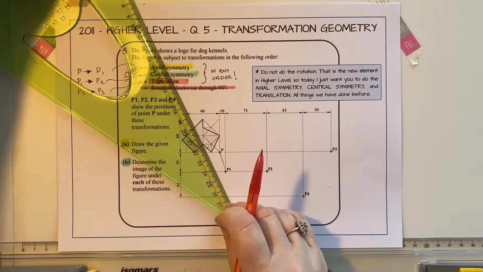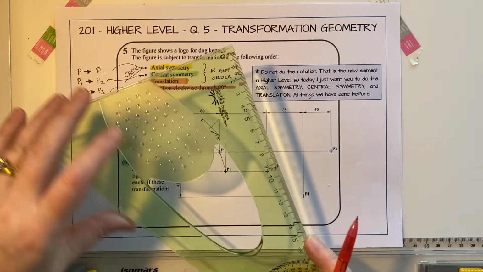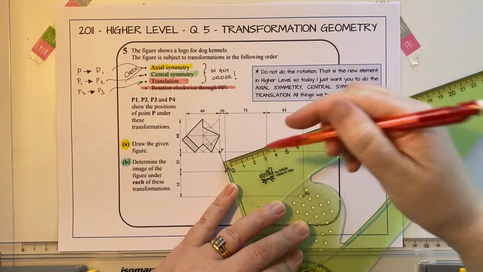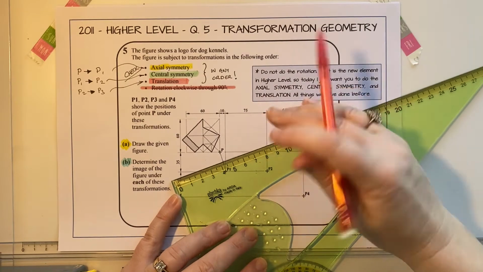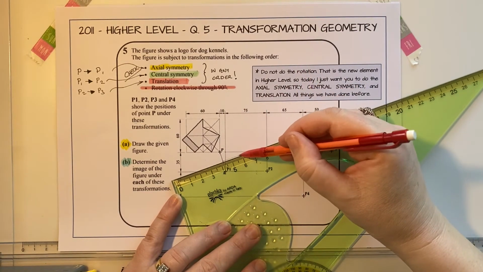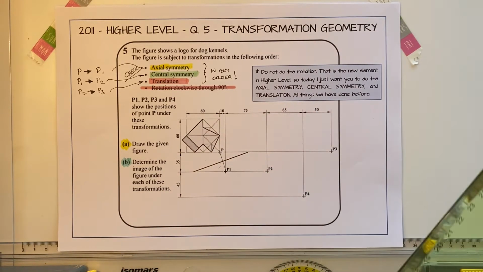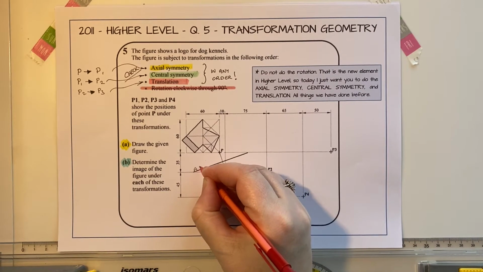So I'm going to have to bisect there for my axial symmetry line, and I'm doing this quite roughly because I'm conscious that we need to move on. I'm going to have a line across there, which allows me to move that object through the axis line out the other side the same amount, and that is the axis.